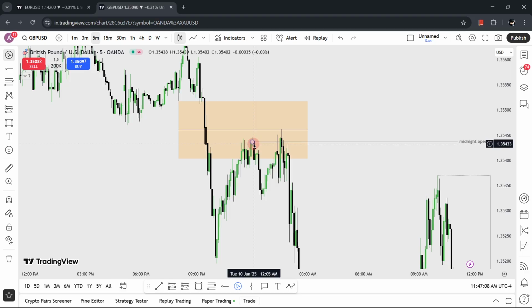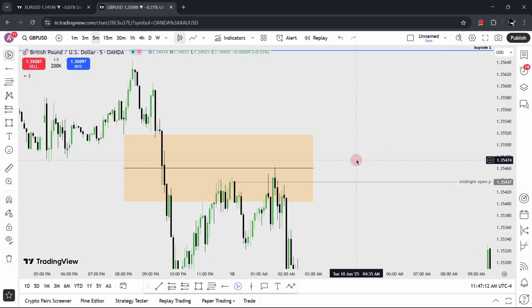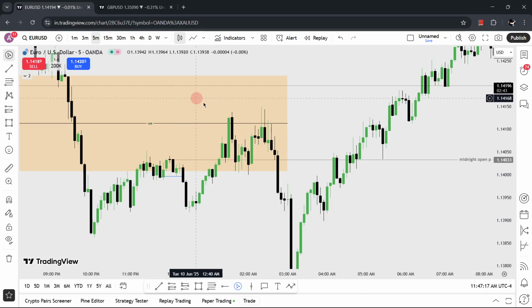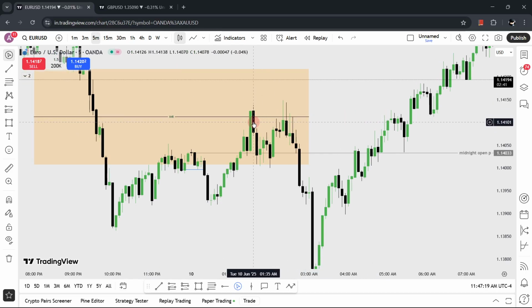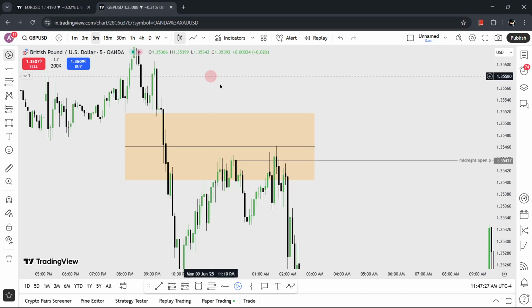We have our midnight opening price here. Since the way it respected this 1 hour fair value gap, I just want you to look at this. The way it respected this 1 hour fair value gap, this trade also could have been taken in GU.